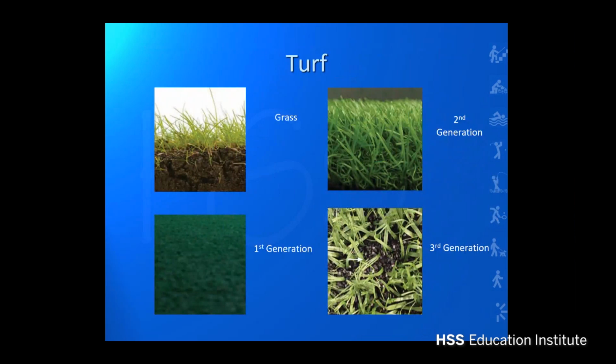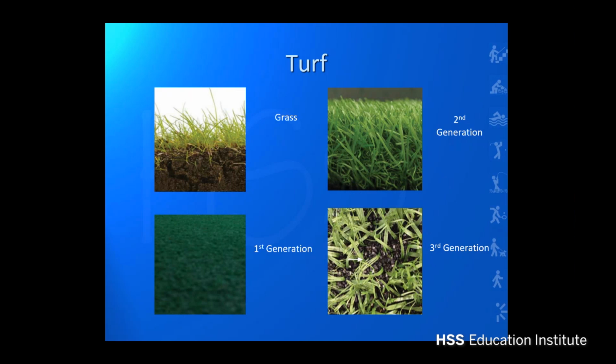So let's quickly talk about turf and grass. This is a pet project of mine that I had done research on years ago, but it's always been an interest of mine. The new generation turfs have gotten better. Basically, you started with a carpet, like the AstroTurf on the bottom left. Then they put in some threads, basically grass-like filaments, and now they added infill to simulate dirt, which is crumb rubber.